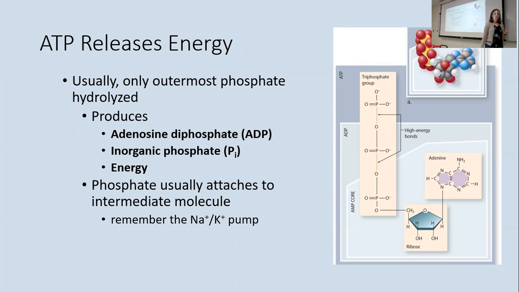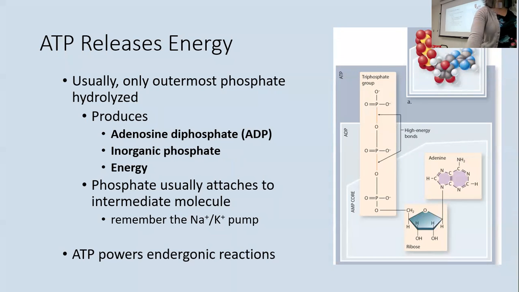So the energy is used to do work. The ADP goes back to be turned into another ATP, and the phosphate stays stuck to whatever molecule we were trying to get to do something to begin with. So this is how ATP powers non-spontaneous reactions.